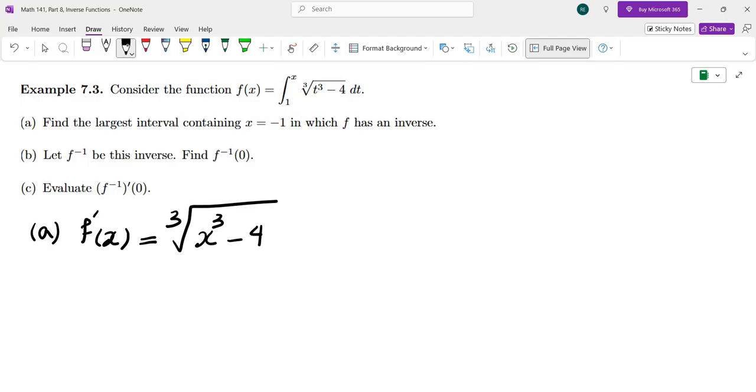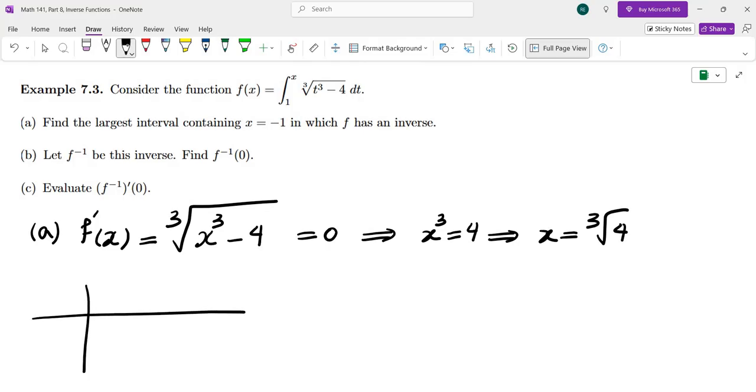We find the critical points of this. x cubed equals 4 gives us x equals cube root of 4. So if we look at the sign chart, f prime of x is 0 here. If x is 0, which is less than this, it's negative.